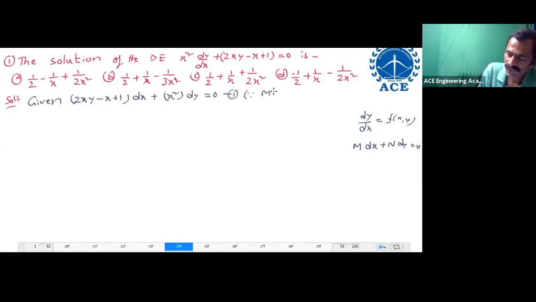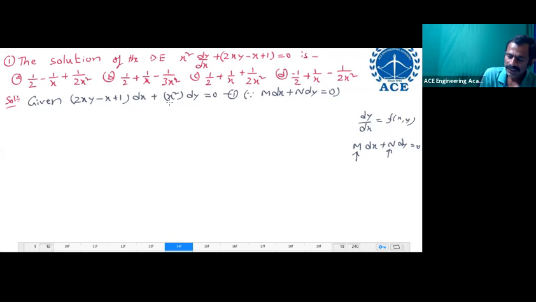Since it is in the form of M dx plus N dy equal to 0, it is a first order first degree differential equation. If it is first order first degree, we should always start with the first method's condition: in M, are the variables separable or not, and in N also, check it.